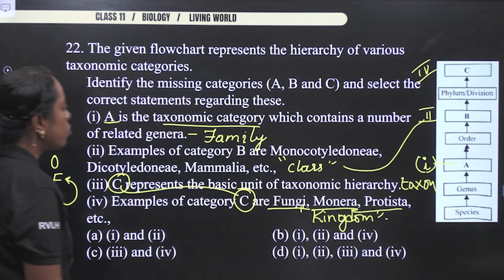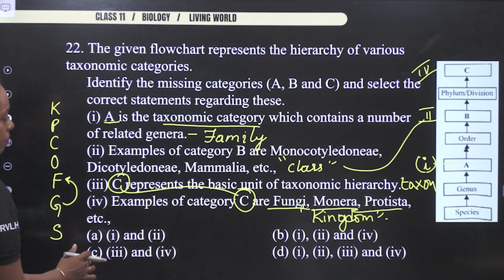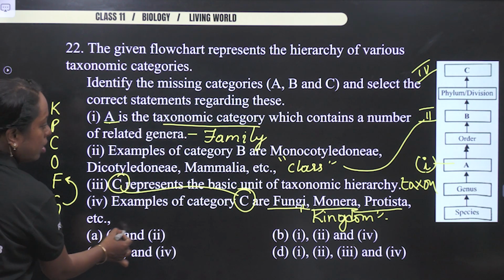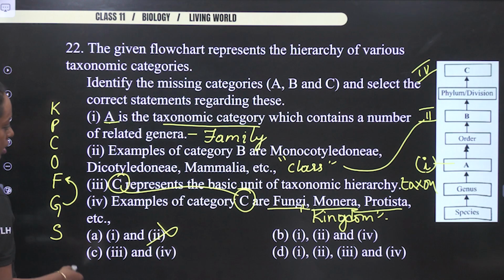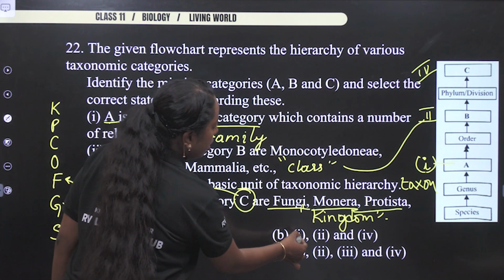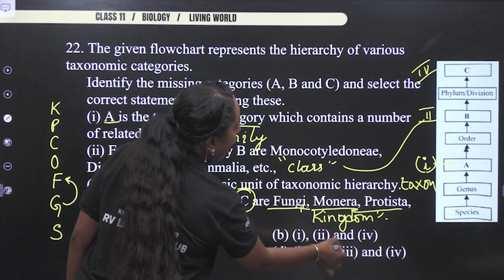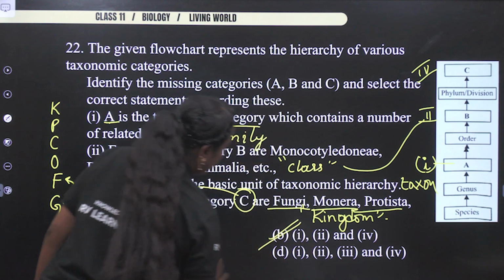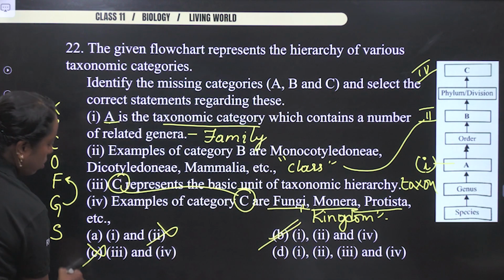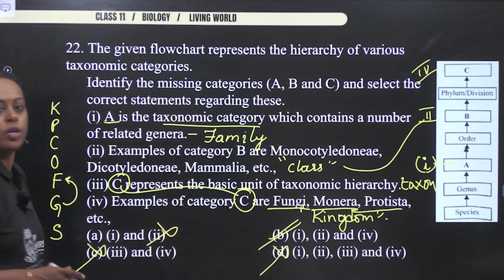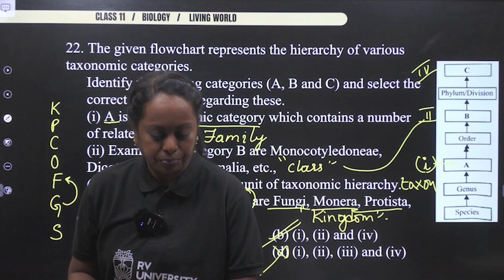So your option should be A is 1. Okay, so the third option is not there. So A is 1, B is 2, and the fourth one. I'll mark this. Counter check this. It's wrong. So the option becomes option B here.